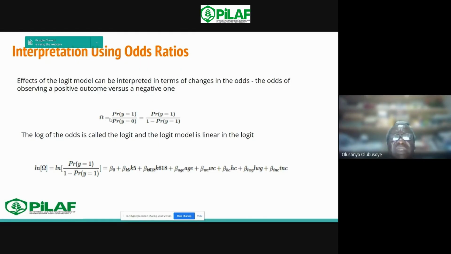And this is what is expressed here. So this is the probability that, in our case, a woman participates against the probability that the woman does not participate. So the ratio of these two probabilities is actually what we call the odds.